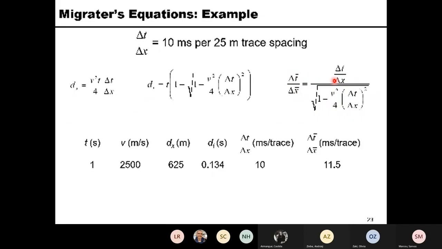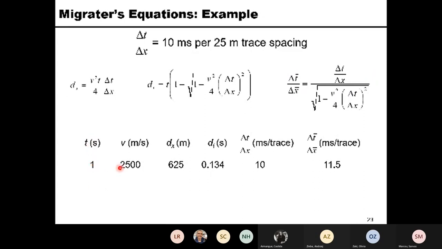In this example here, a quantitative demonstration, we assume velocity is constant. Most likely that's not true, but just for demonstration, we assume constant velocity for some specified location. Okay, now, if we use a seismic trace at 1 second, it's not zero, right?